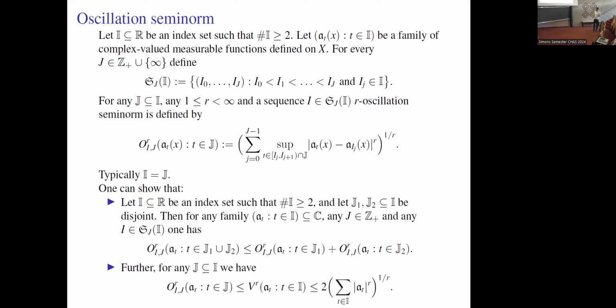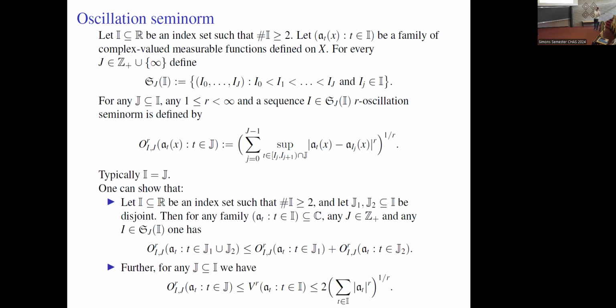And here, what is more convenient than in the case of r-variations is that we do not care if those sets are disjoint, and we also do not care if they are ordered. This simply follows from the fact that the supremum over such a larger set is dominated by the sum of suprema over J_1 and J_2, and then we use the triangle inequality for the small l^r norm. Okay, so in this case, it's clear.